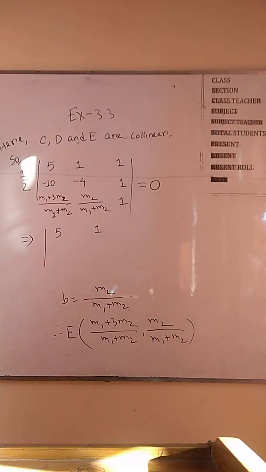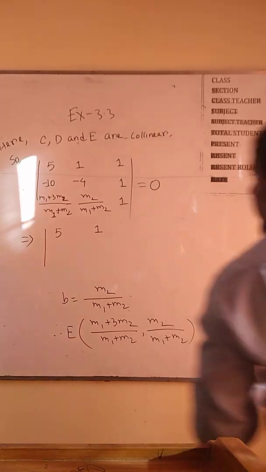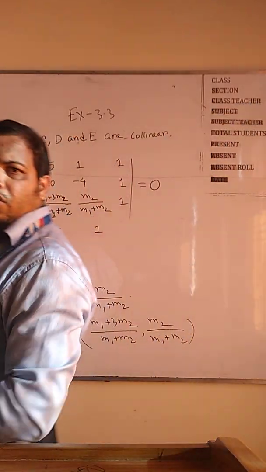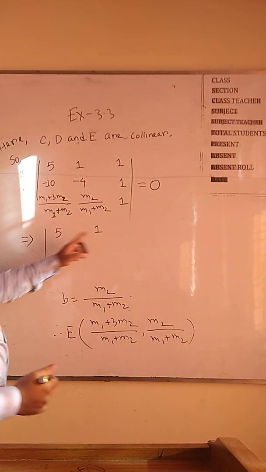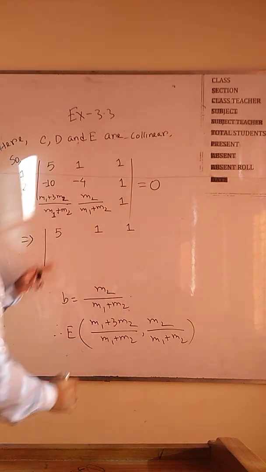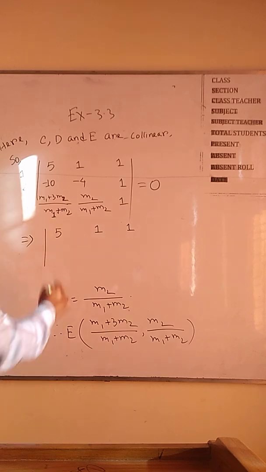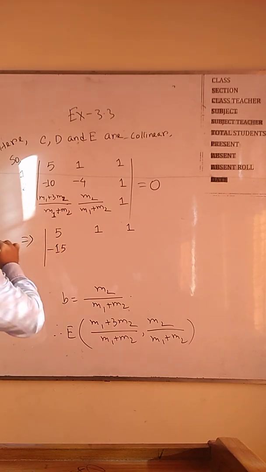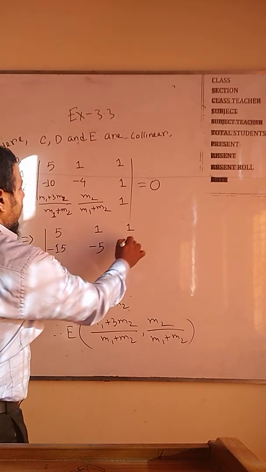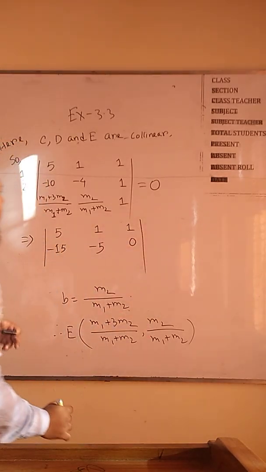First row remains unchanged: 5, 1, 1. And in the second row we have to subtract: -10 minus 5 is -15, -4 minus 1 is -5, 1 minus 1 is 0.